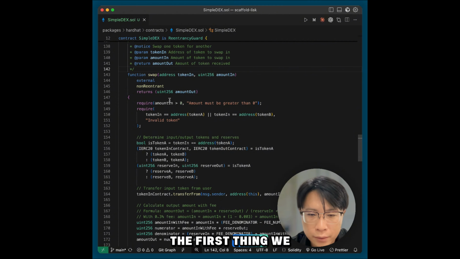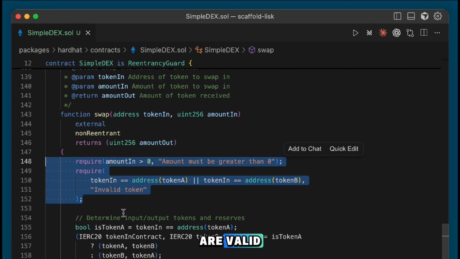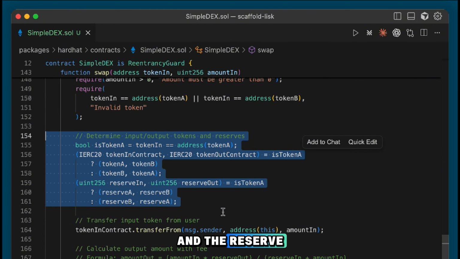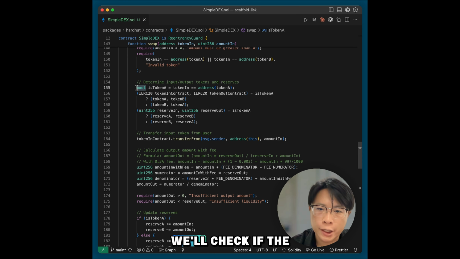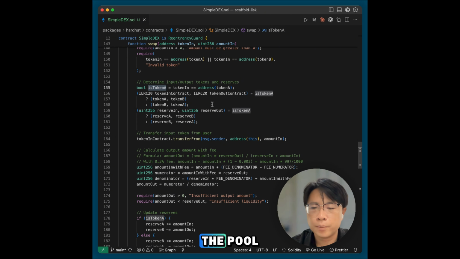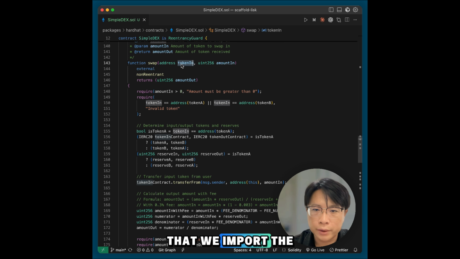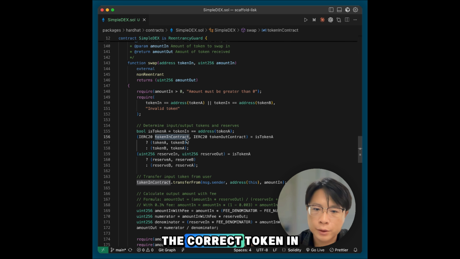Okay, so the first thing we do is check all the requirements to see that the inputs are valid. Then we will be determining the input token and the reserve. In this case, it's a little bit hectic, meaning that we'll check if the token A in the pool is the same as the address that we input in tokenIn. And after that, we're getting the correct token in contract and the token out contract.